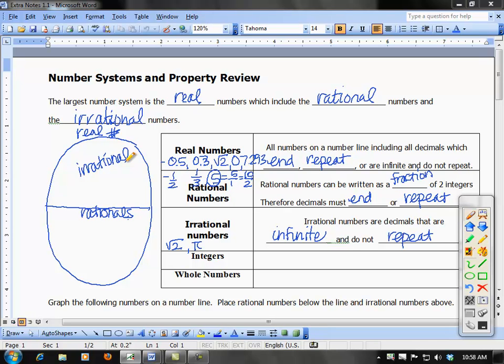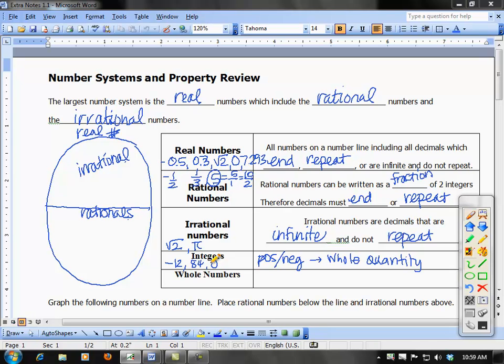And integers are positive or negative, and they have to be, I'm going to call them, a whole quantity. So you can't have any decimals in integers. It's got to be a whole quantity, like negative 12 or positive 84, even 0 as we go through.